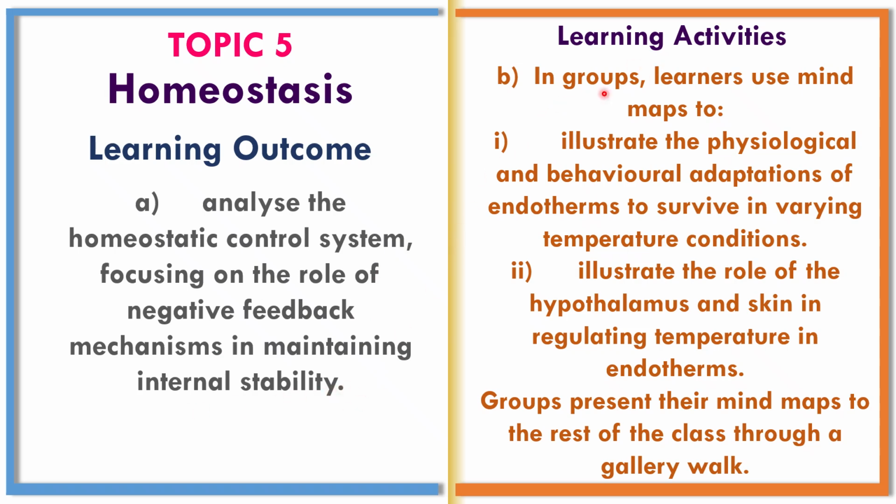Our learning activity B: in groups, learners use mind maps to illustrate the physiological and behavioral adaptations of endotherms to survive in varying temperature conditions. Illustrate the role of the hypothalamus and the skin in regulating temperature in endotherms. Groups present their findings of the mind maps to the rest of the class through a gallery walk.